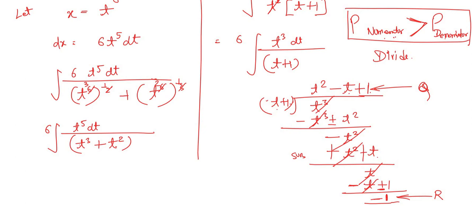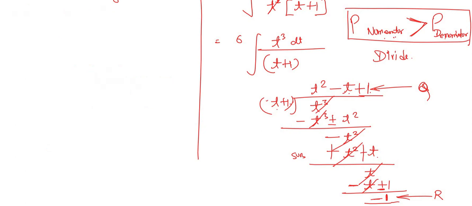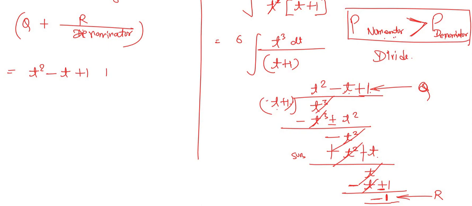So whenever we divide, how do we write? After division, we write like this: quotient plus remainder by denominator, whatever the denominator was. So here my quotient is t square minus t plus 1, minus, the remainder is how much?